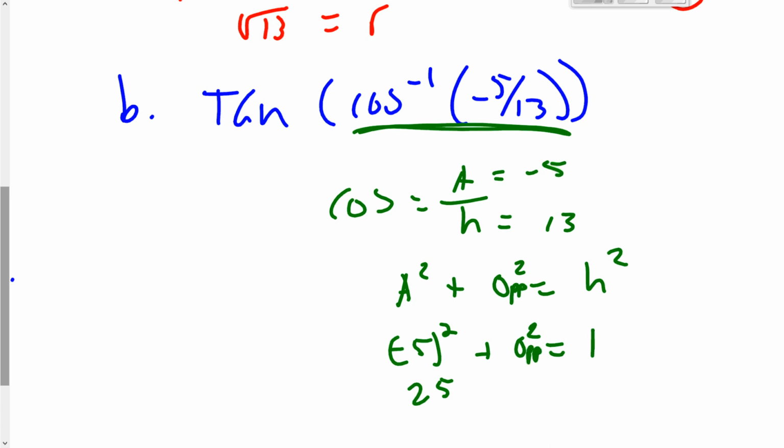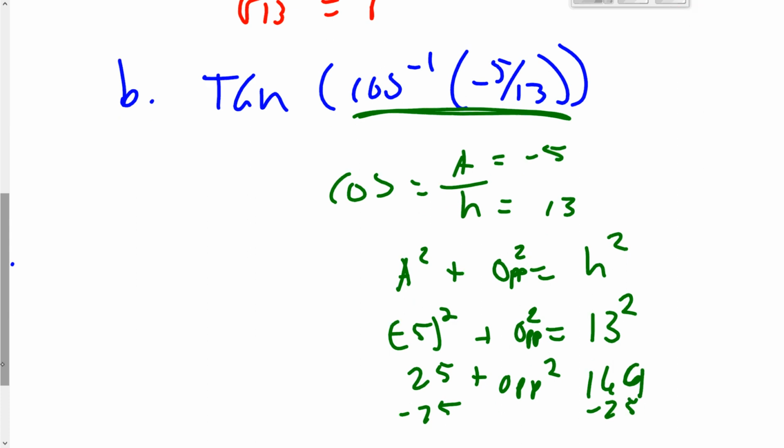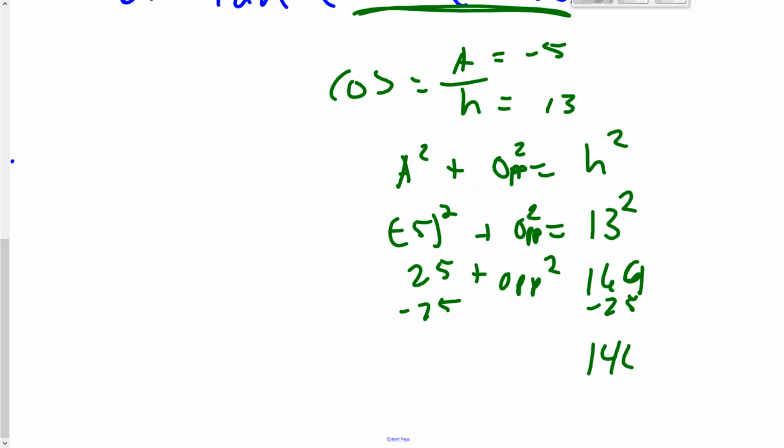Okay. And then H is 13. 13 squared is 169. And then I'm going to go ahead and subtract 25. So I get 169 subtract 25, that's 144. So 144 is equal to the opposite squared. So that means the opposite side is equal to 12.